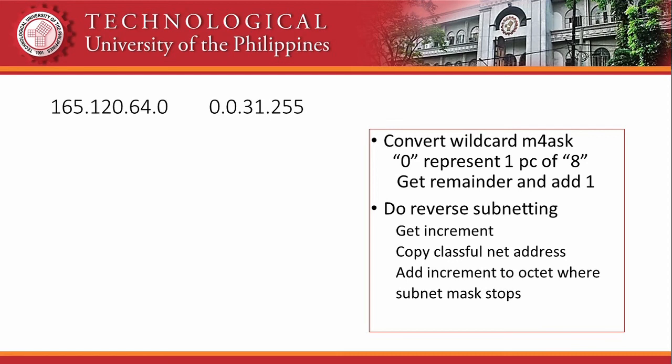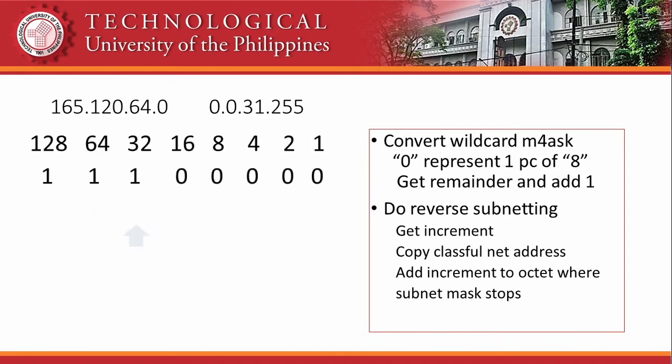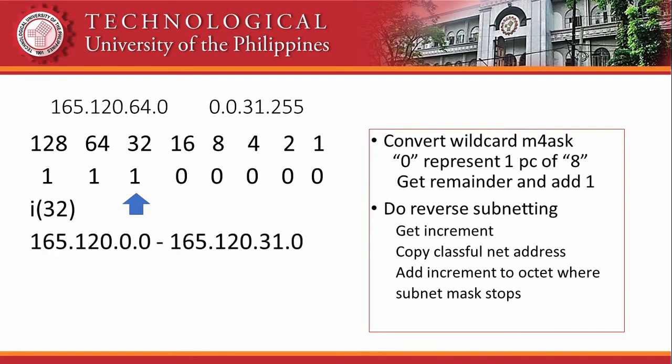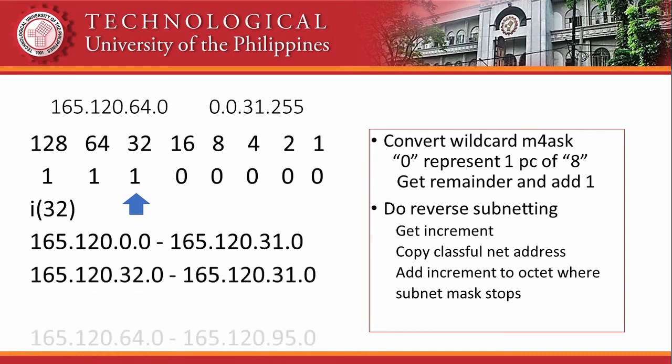Okay. Tapos, for our second step, gagawin na natin yung reverse subnetting. Diba una, kukunin natin yung increment since yung last octet natin na may value nung kinuha natin yung subnet mask natin ay 32. So, magiging increment natin ay 32. Which octet tayo huling value ng subnet mask? Diba sa third octet? So, doon tayo mag-increment by 32. Since hinahanap natin yung range kung saan papasok yung address na 165.120.64.0.